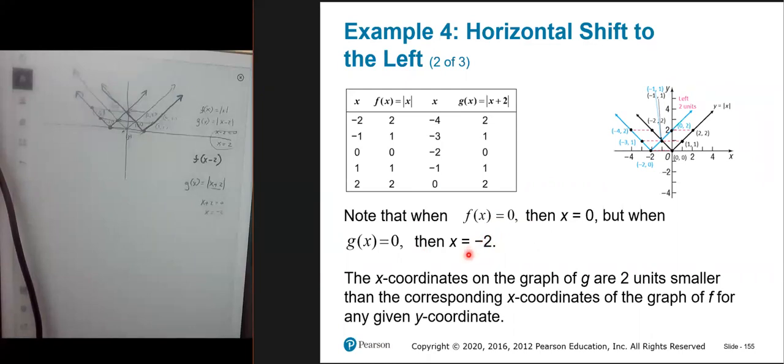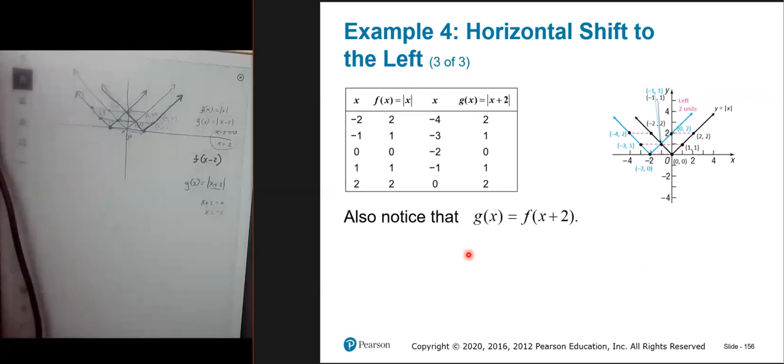Now it's at x equals negative 2. And so they talk about that now our f of x is now f of x plus 2. So the argument changed, not the y value.